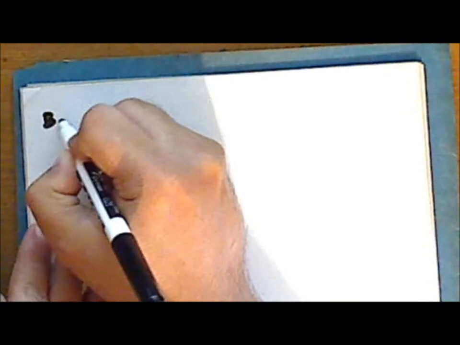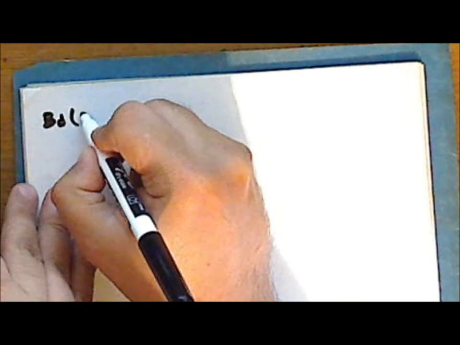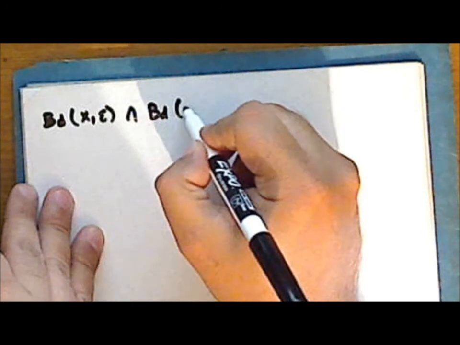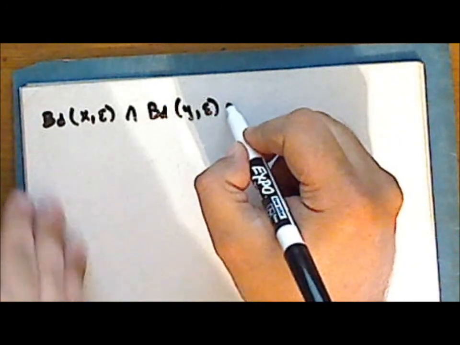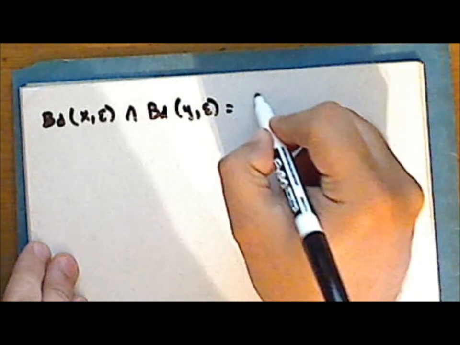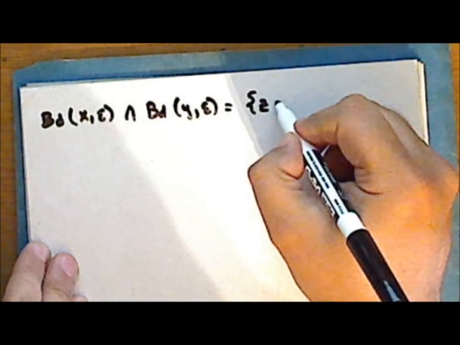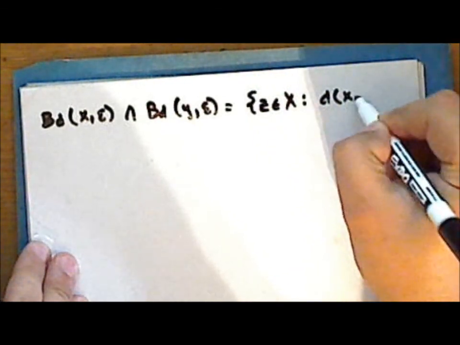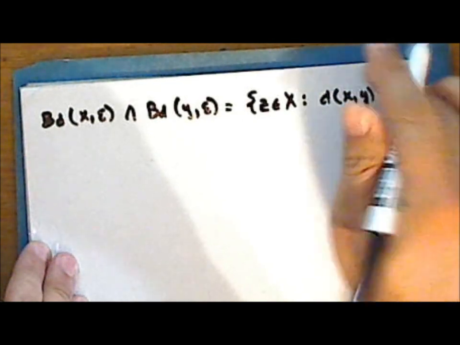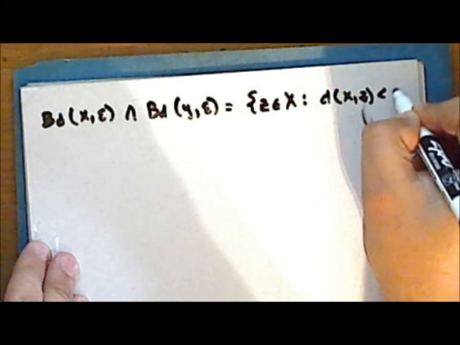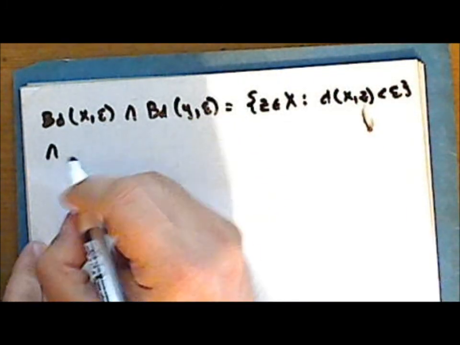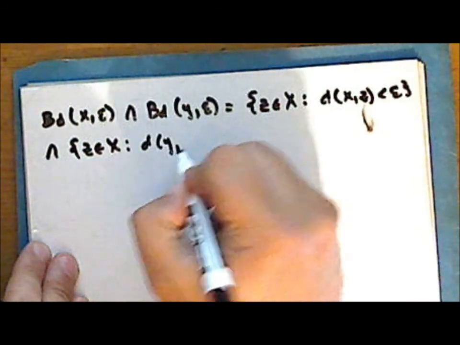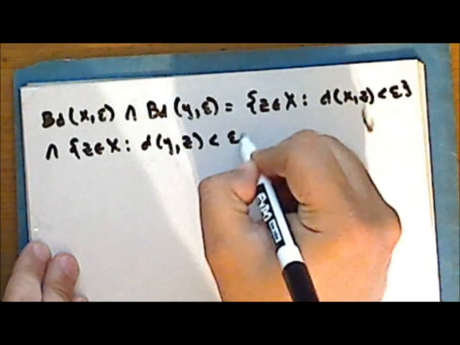Now the intersection of the open ball centered at x with radius epsilon and the open ball centered at the point y, radius epsilon, is the intersection of two sets, and that is the set containing the points z in the set X such that the distance from x to z is less than epsilon, intersected with the set of all points z in the set X such that the distance from y to z is less than epsilon.